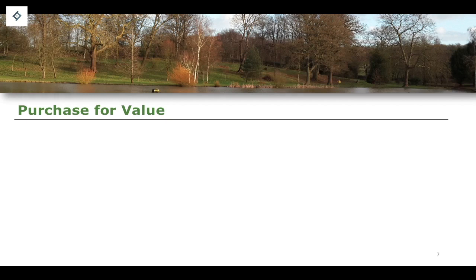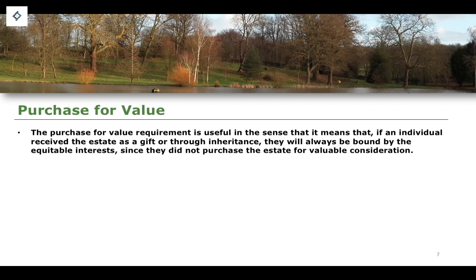The next question is about the purchase for value. The purchase for value requirement essentially means that if an individual has received the estate as a gift, or maybe has received the estate through inheritance, they will always be bound by the equitable interest. There has to be valuable consideration in the purchase. So essentially, this is often done through money.